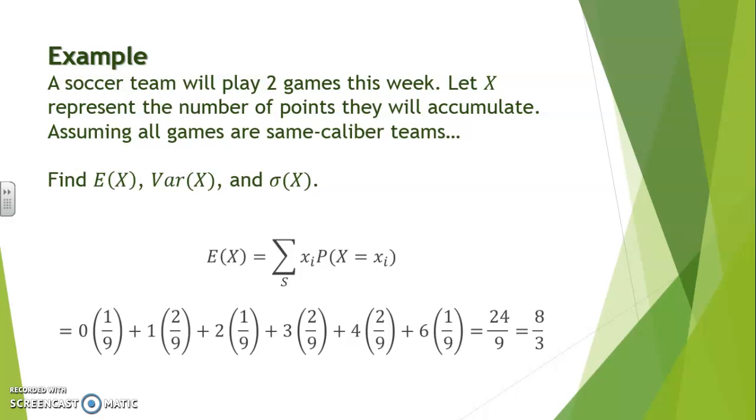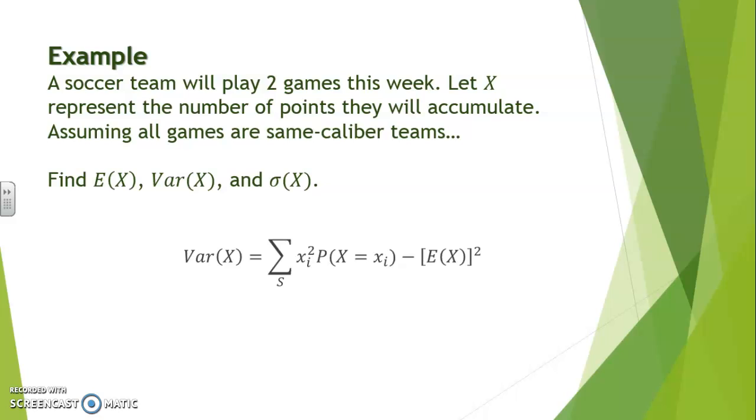All of this added up to 24 over 9 or 8 over 3. So essentially, we expect this team's tally of points for the upcoming week to be 8 over 3, so 2.66. Obviously, this will never happen because only integers can result. But again, this is a prediction, so it's a future predicted average.